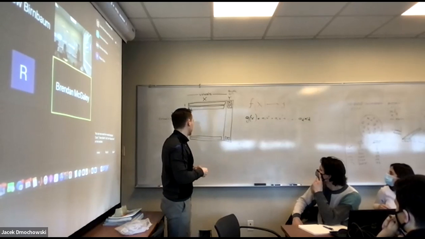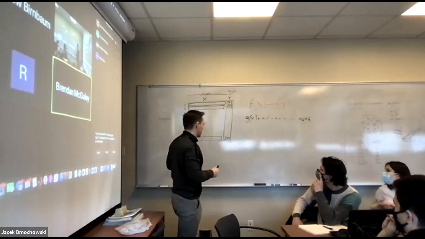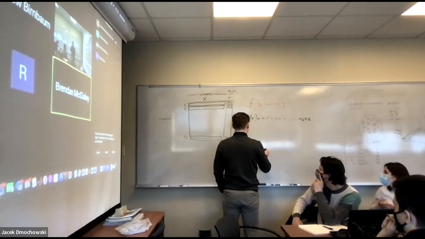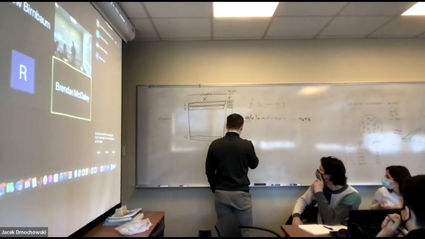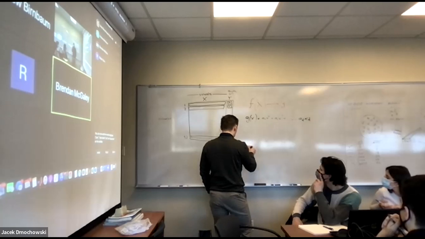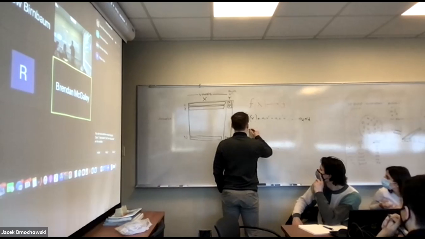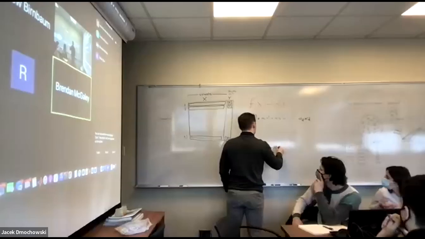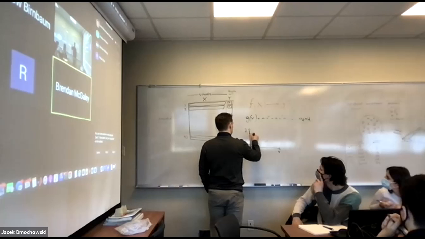Because, for example, let's say you've got a one-dimensional predictor. So why is it going to be 0 or 1?